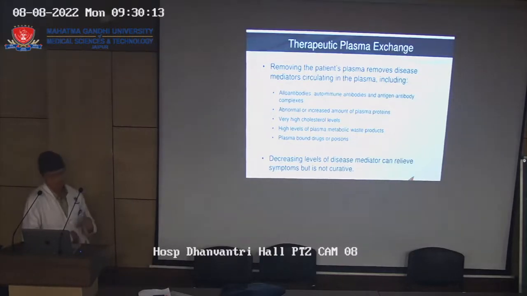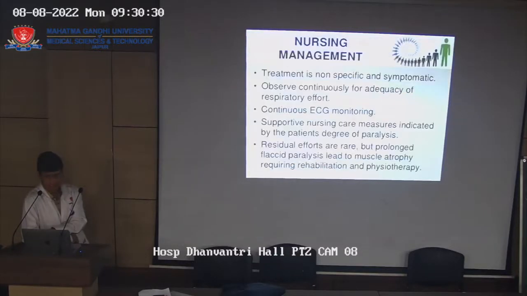But in this case, plasmapheresis removes the destructive antibodies from the patient's plasma. This decreased level of mediators can relieve the symptoms, but it is not curative. So you can go for IVIG or you can go for plasmapheresis.